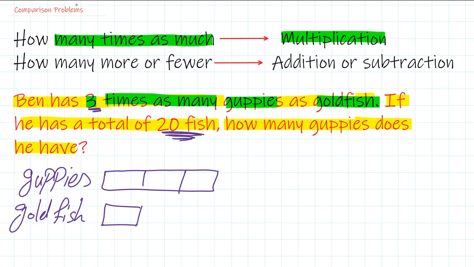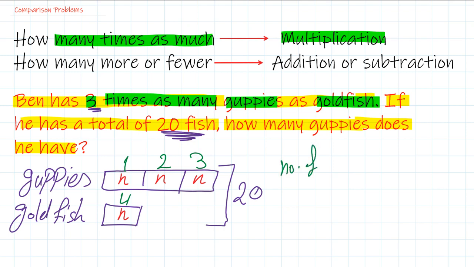And the total equals 20. As we learned before, each block will have 1 n, so let's write n in each block. After that, let's count how many blocks: 1, 2, 3, 4. So we have 4 blocks in total. Let's write an equation. Like we learned before, number of blocks times n equals total.